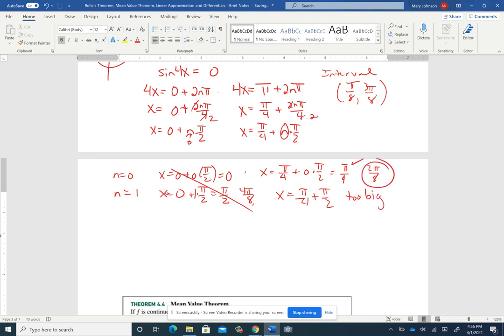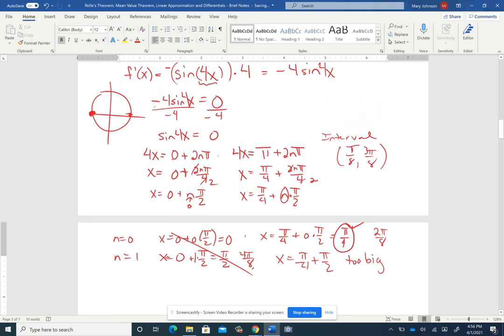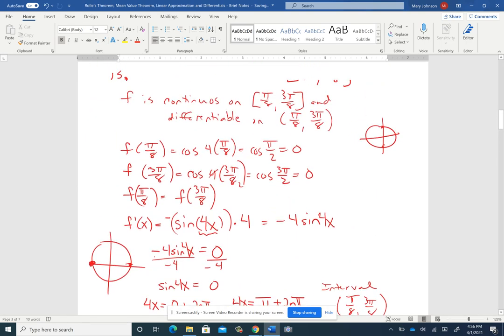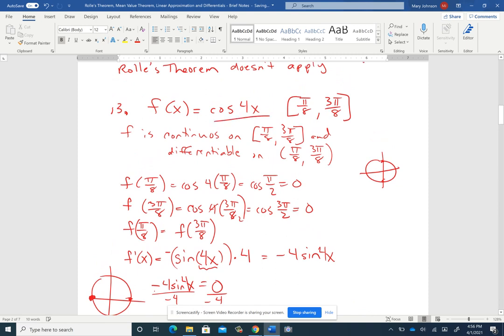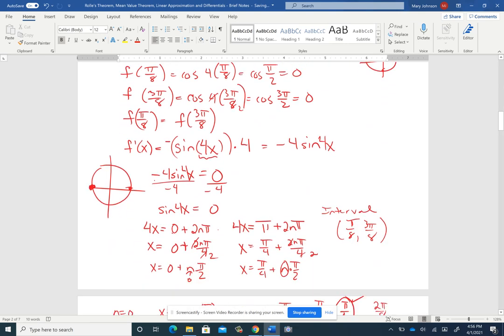So this is the only value right there. The simplified one is what you'd want to write. Okay, and if you needed the y-coordinate where that happened, you would go back not to your first derivative, but you'd go back up here to that, and you would plug in the pi over 4. Okay, but I think they just want the pi over 4.